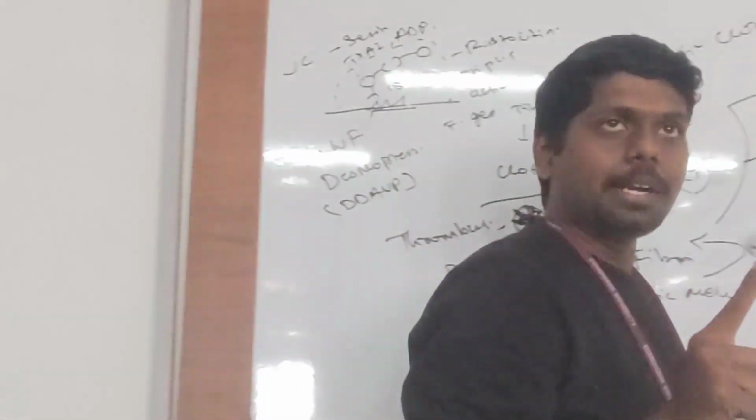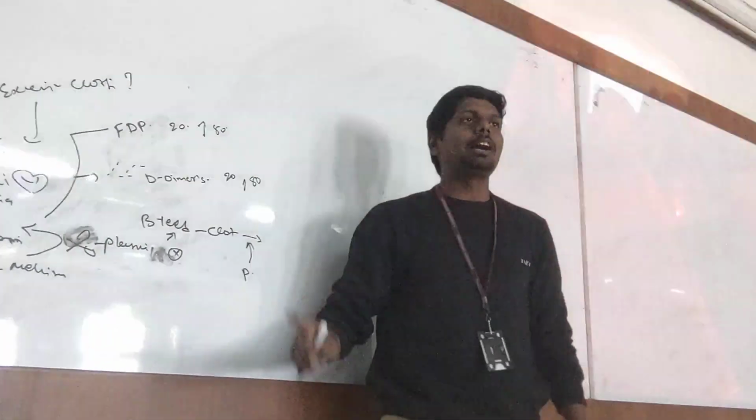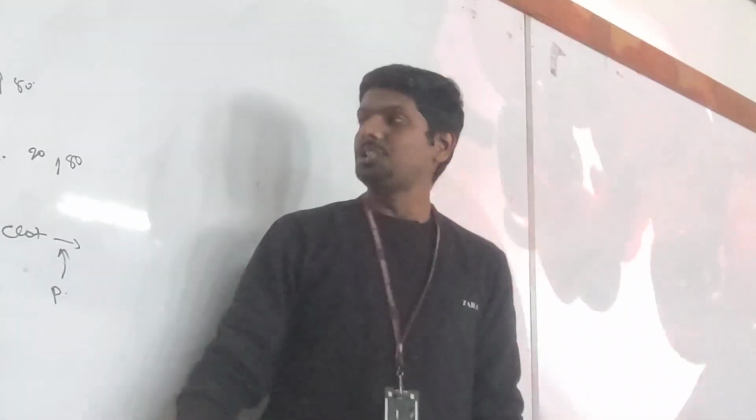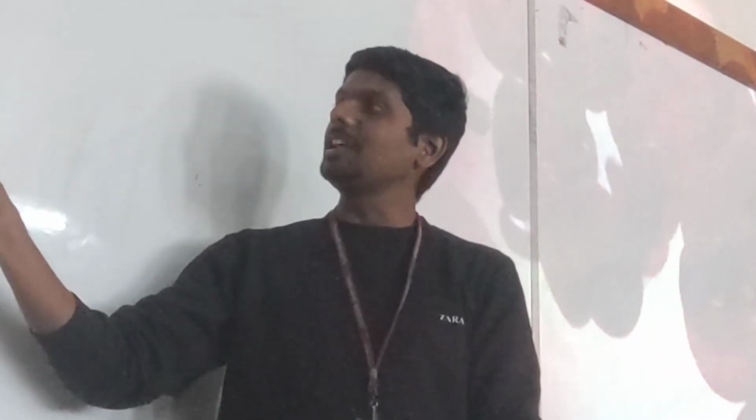So, in order to detect a DIC condition in the body, check D-dimer and FDP levels. To check any thrombus issues, any deep venous thrombosis, we will do a lab test called the D-dimer assay. The D-dimer test will check the amount of clotting in the body by indirectly measuring the declotted products.